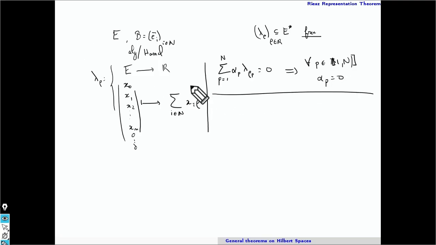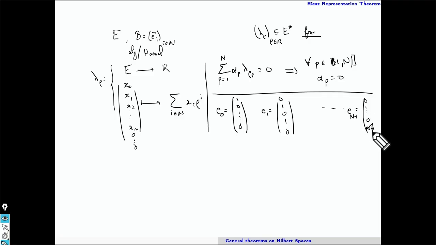We prove this by successively evaluating on the basis elements. If I write it as a vector, this is 1, 0, 0, 0. Here, component 1 is 1, and then the others are 0. And so we do it up to n minus 1 zeros, 0, 0, 0, and position n minus 1, 1.